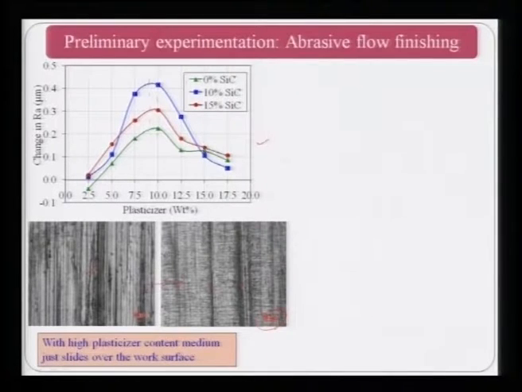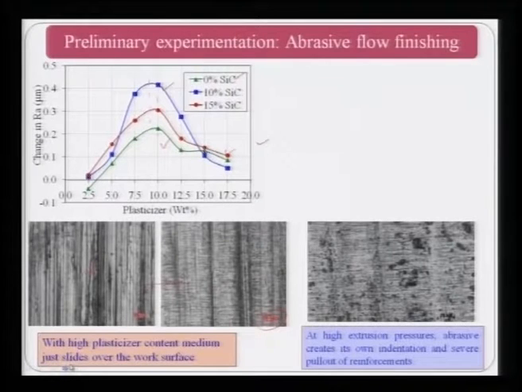You can see here 0% silicon carbide, that means pure aluminum alloy; 10% is the metal matrix composite with 10% silicon carbide, and red color is again metal matrix composite with 15% silicon carbide. So, there is an optimum value of plasticizer beyond which or less than which if you use, it is not going to give you the best performance.